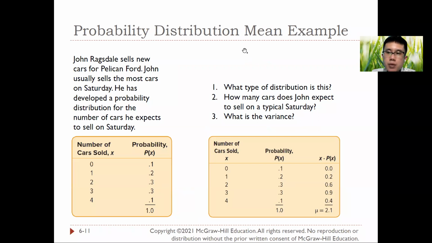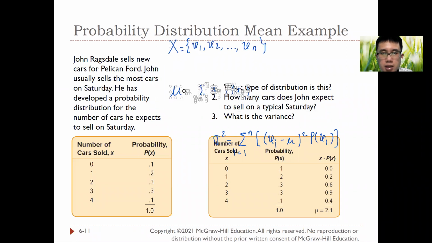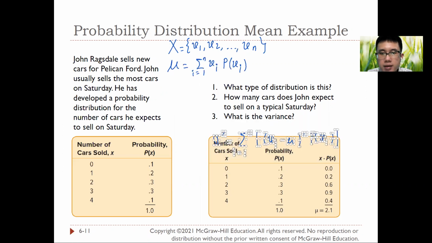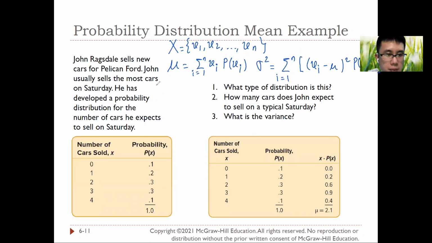Okay, let's move to our example to illustrate the definition of mean and also variance. Let me use again our previous formula. Okay, let's start with our table first. In this table, we will see the number of cars sold, denoted by little x, in the first column, and also its probability.